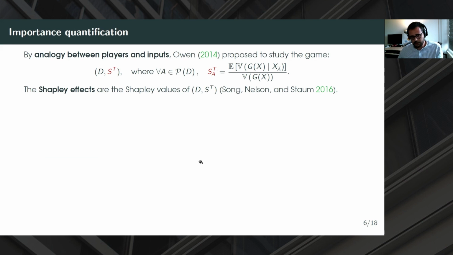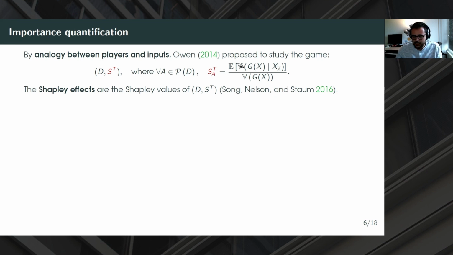Now for importance quantification, in the field of sensitivity analysis, by analogy between players and the inputs of a black box model, Owen proposed to study a very particular cooperative game where he chose the value function as being this S_T. In the literature it's known as the total Sobol indices, which is just an expectation of a conditional variance. The idea being that if I forget the normalizing constant, my cake, S_T of d, is going to be the variance of g of x.